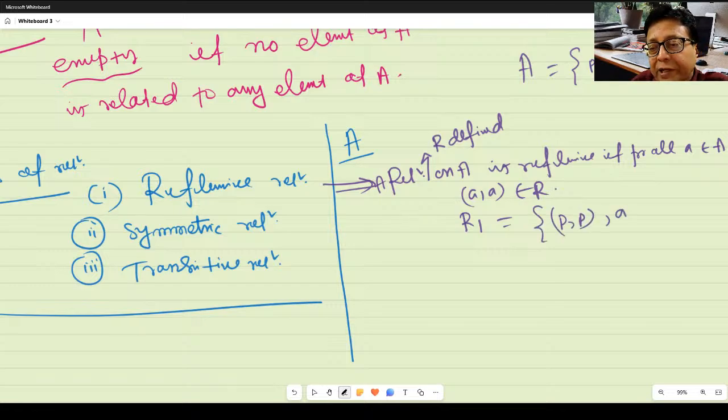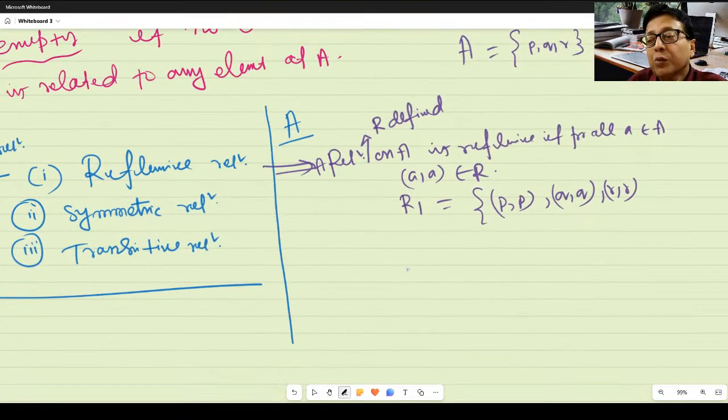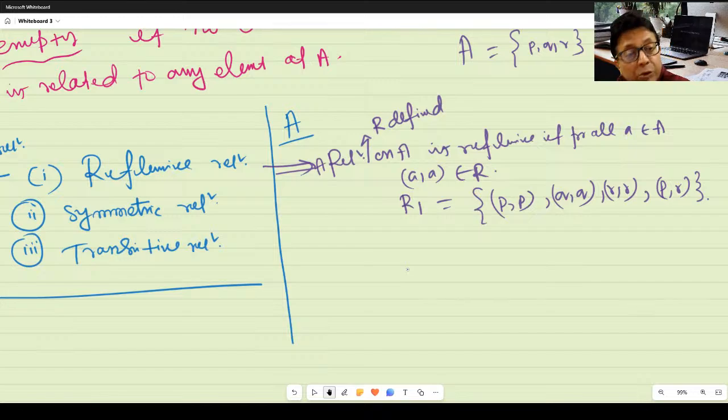Then PP, QQ, RR is a reflexive relation, but it is the smallest one, because we can take elements like this also in the relation. Okay, but in identity relation, we cannot include (P, R). You understand what I said? Hope you have understood.